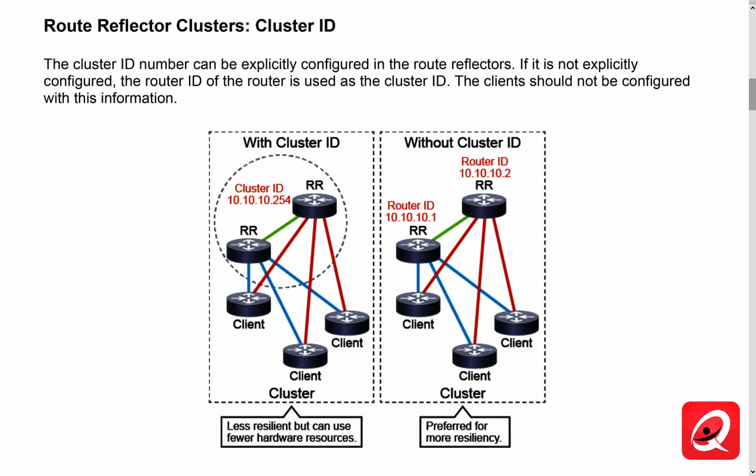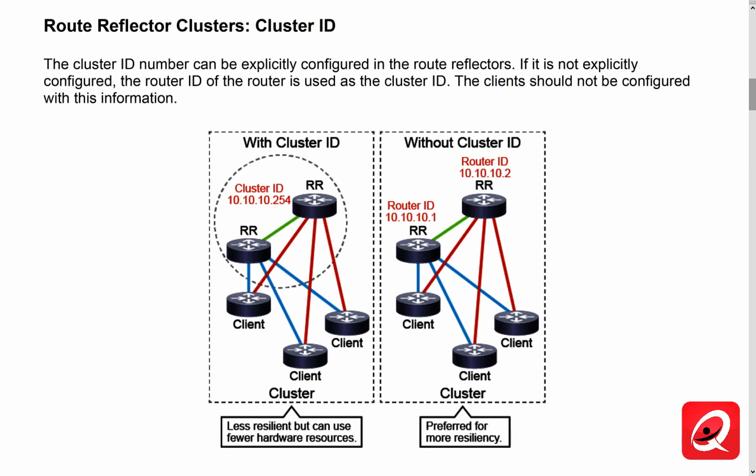They can either be manually configured. It'll be the highest active loopback interface on a router. And if we don't have any loopback interfaces, it will be the highest active physical interface on the router. And of course, every router is going to have a physical interface because otherwise it wouldn't be a router.